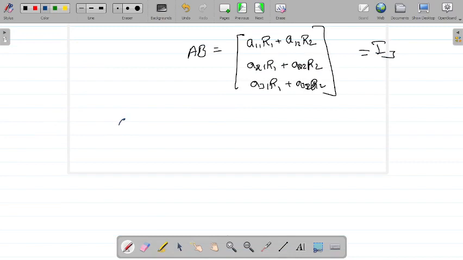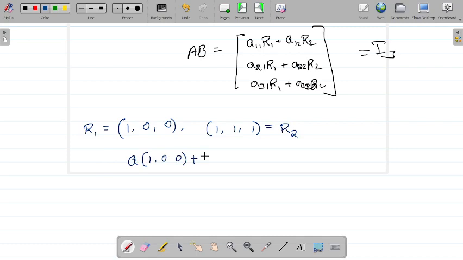If you do not understand, I'll explain with this. 1 0 0, this is one vector I'm taking. Next 1 1 1, this is another one. Let me say this is R1, and this is R2. Now one has taken a times R1 plus b times R2. That gives us a plus b, and this is b.